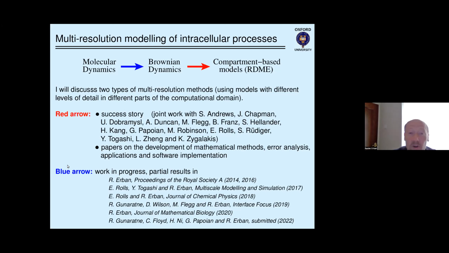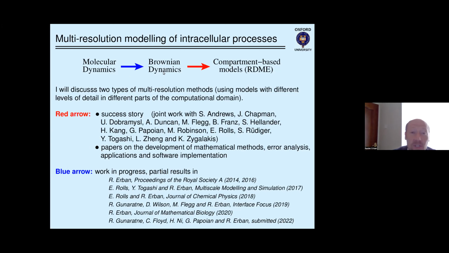The blue arrow is just work in progress, something which interests me a lot, and when I have time, I'm also thinking about the blue arrow. We have published some papers as well. Some of them are published just by me, as single-author papers, but I also have some collaborators in this area.